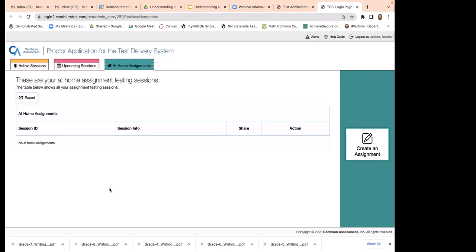You basically send them a link. You could put it in your Google Classroom if you felt like it was something that you wanted them to just be able to click on the link. They would put in their first name and their SSID, and it would bring them directly into this. And then you could stop the session or close it if you didn't want them working on it at home or what have you.